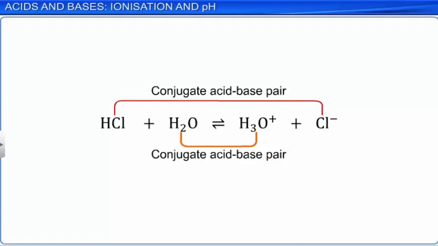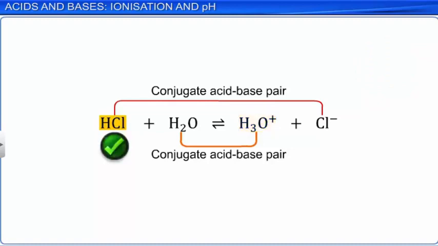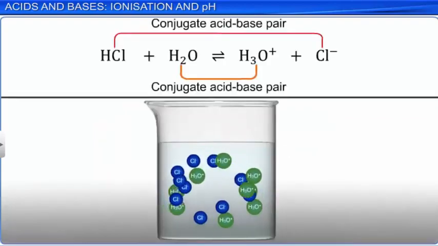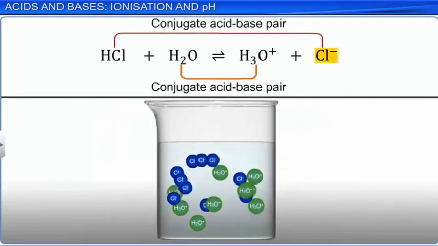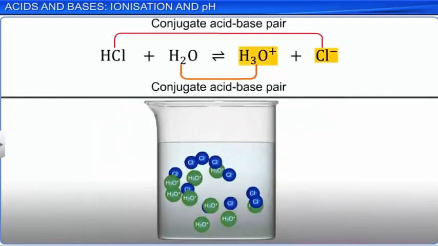Now, as you can see, there are two acids, HCl and H3O+, in the reaction. Now, which one is stronger? Obviously, HCl. This is because HCl shows a greater tendency to lose protons than the H3O+ ion, and hence, the solution primarily contains Cl- and H3O+ ions.